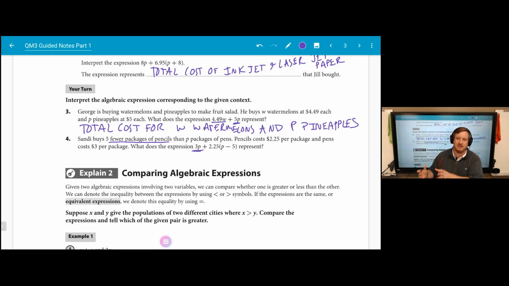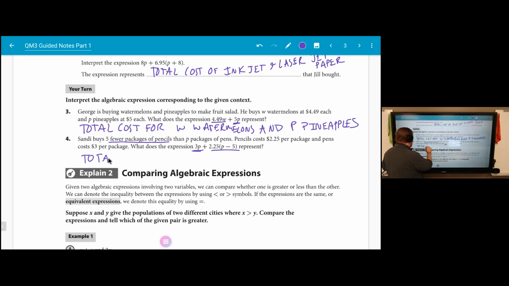I know pens and pencils both start with P, so it's not probably the greatest example, but it's P minus 5 because that's how many pencils I bought. 5 fewer packages of pencils than pens, and they cost $2.25 each, so hence $2.25 times P minus 5. And what does this expression represent? It's the total cost of buying pens and pencils.